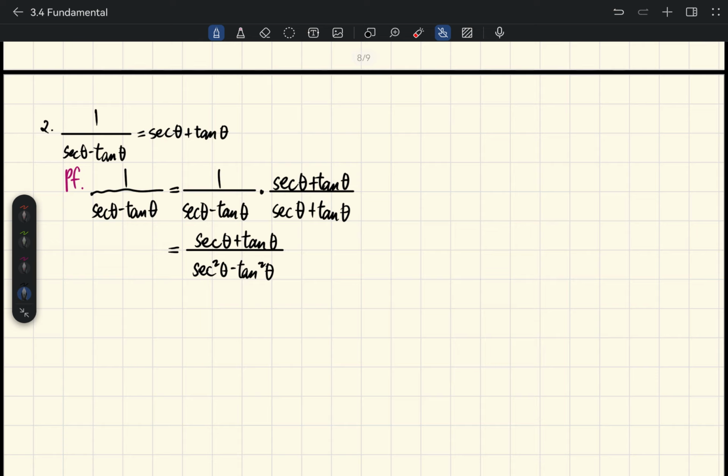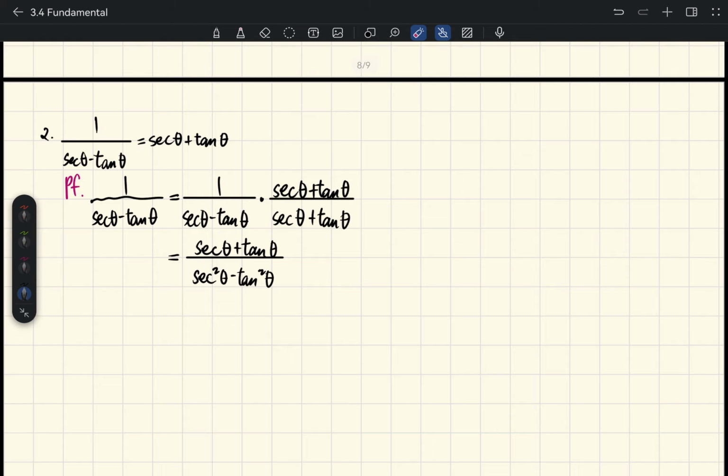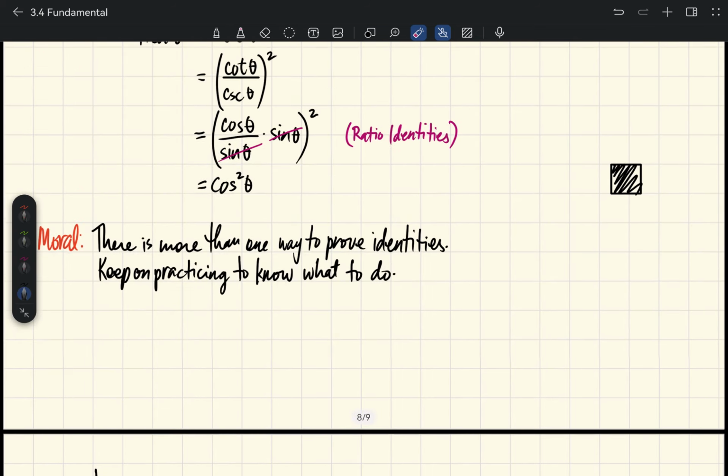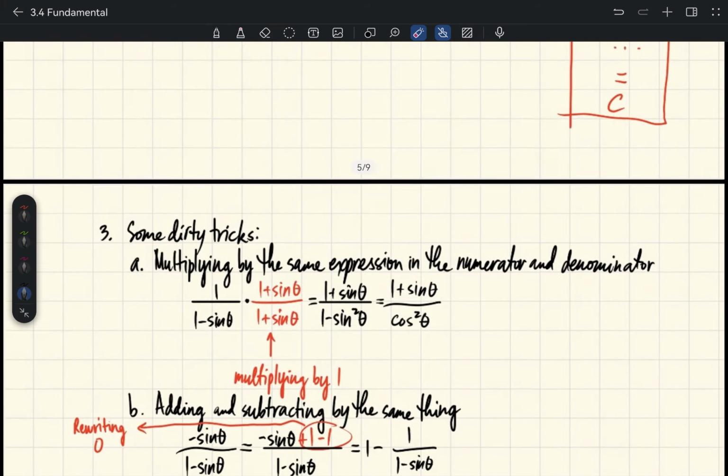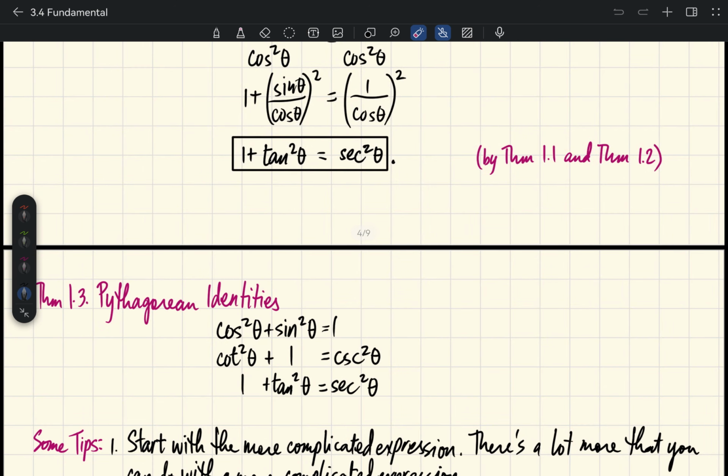Now, what else can we do? So, as you can see, you have here a secant and the tangent that is squared. So, maybe somewhere along the way, this leads us to a Pythagorean identity. So, let's revisit Theorem 1.3 and observe that right here, you have an identity which involves both secant squared and tangent squared.